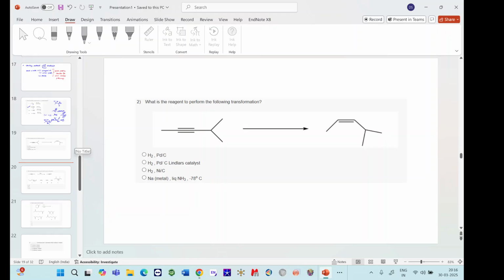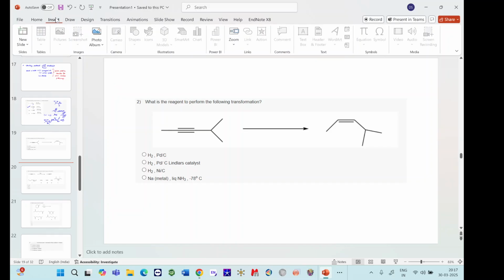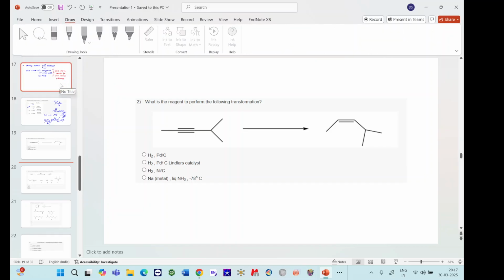The second question is: what is the reagent to perform the following transformation? Maybe there is some problem.